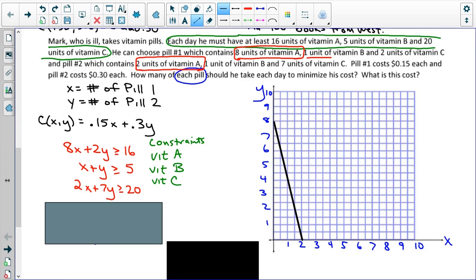x plus y equals 5. We'll have x and y intercepts both at 5. And then 2x plus 7y equals 20 has intercepts at x equals 10 and y equals 20/7, which is a little bit less than 3.